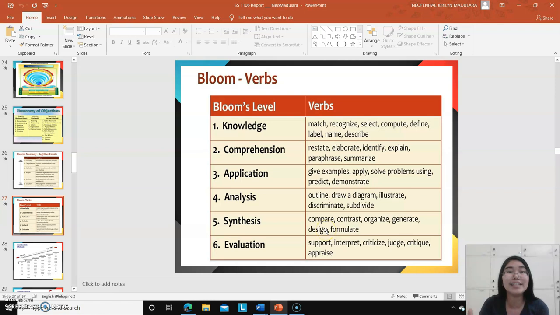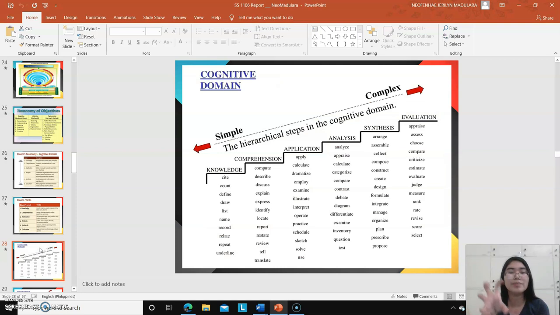Synthesis, they will be able to design something. They will be able to create an economic development plan, specific in economics. Evaluation, they will be able to evaluate. And of course, they will be able to create something if they already know the lower levels of the taxonomy of the cognitive domain.